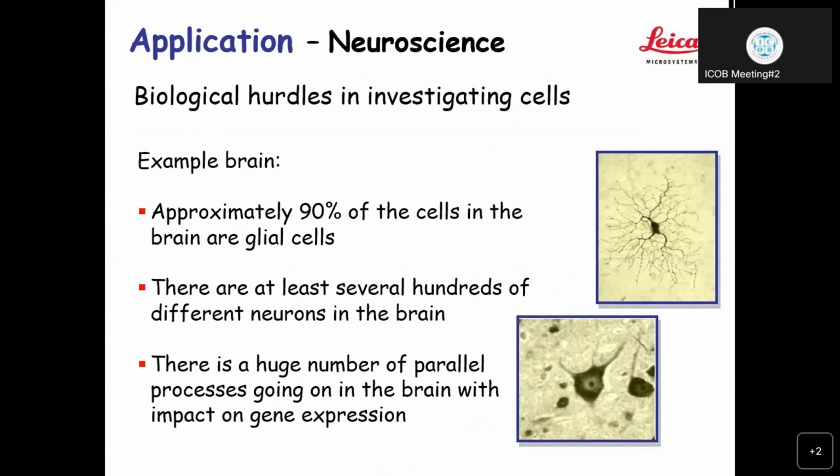Neuroscience is also a main application of the LMD system. There are at least several hundreds of different neurons in the brain. The Leica laser microdissection system helps you easily obtain sufficient cell sample quantities from your brain specimen under visual control.